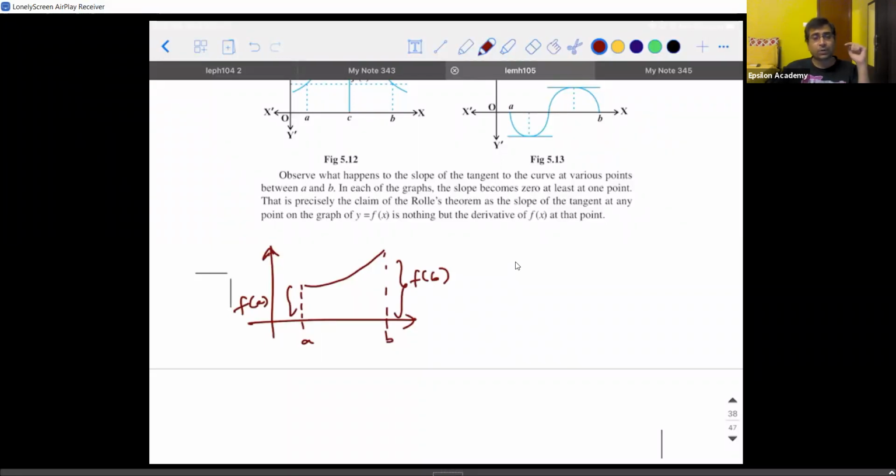Why is it happening? Because the function is a strictly increasing function. As you keep moving from left to right, the function keeps going in the upward direction.